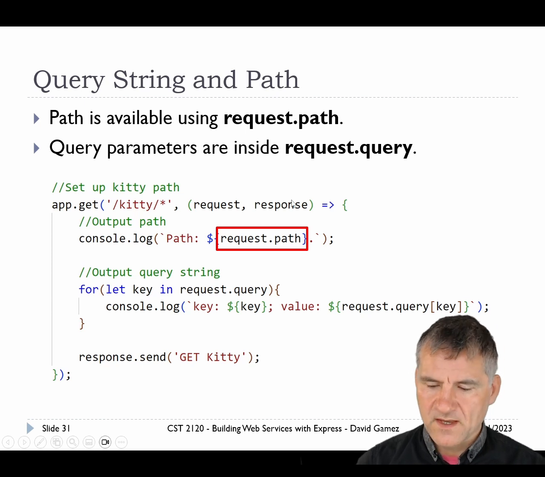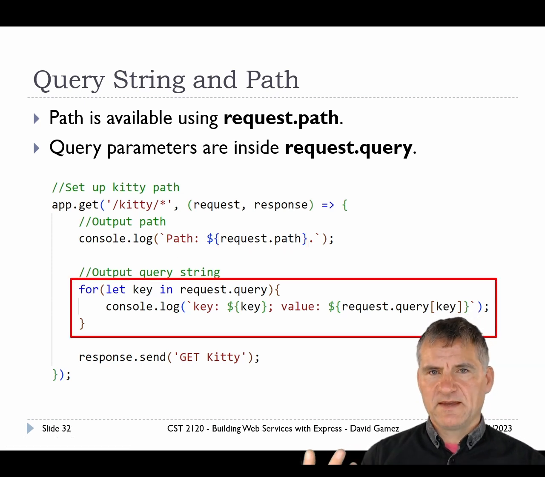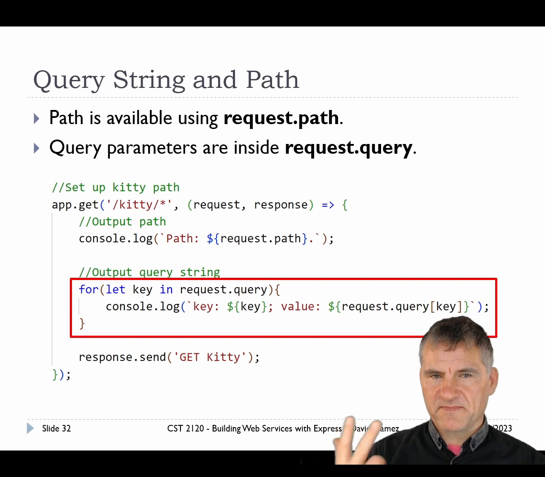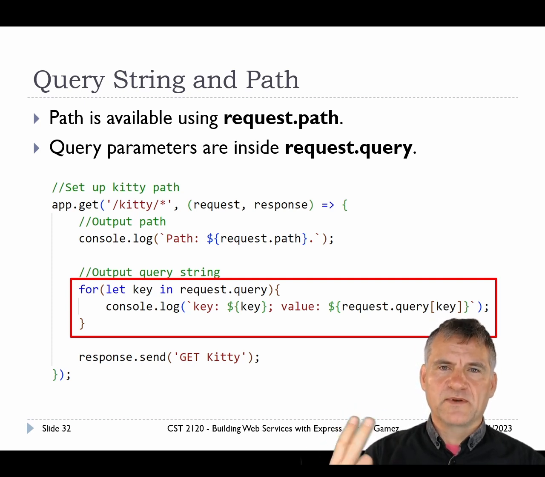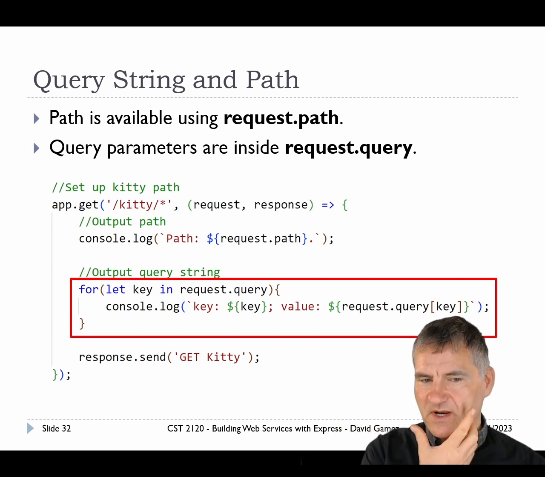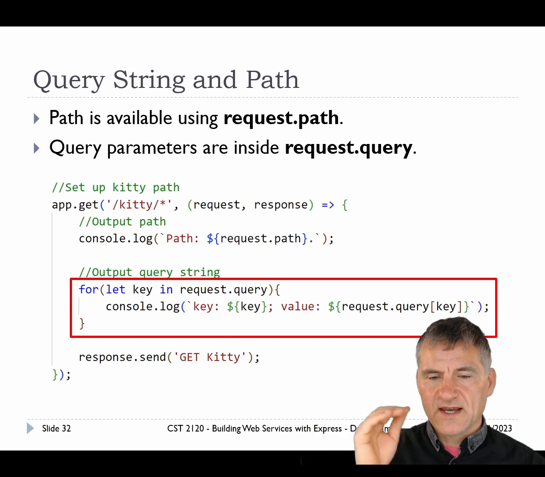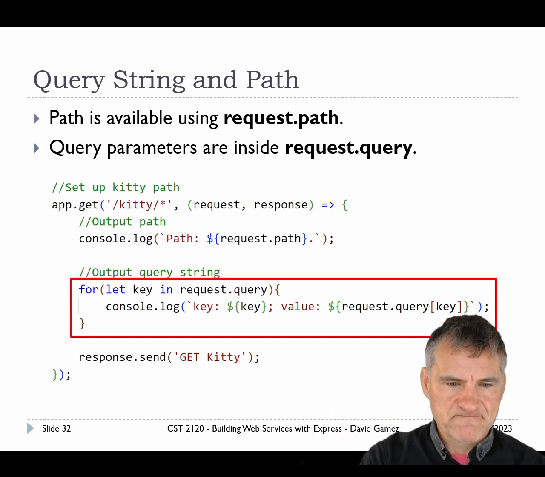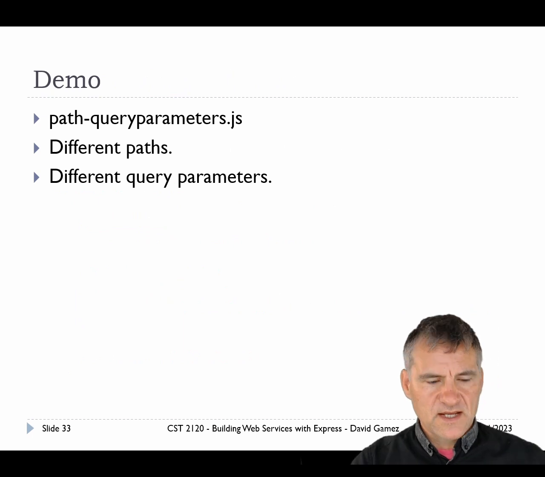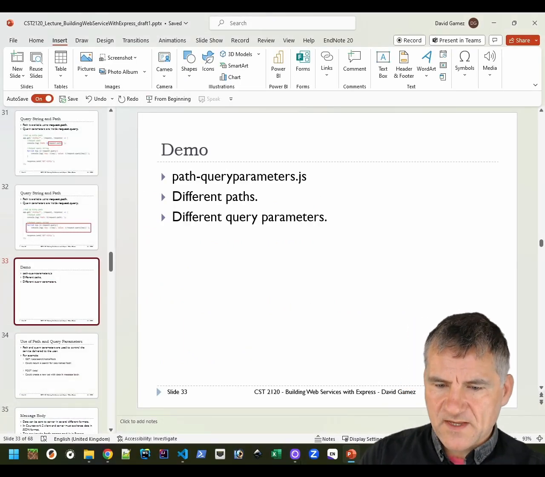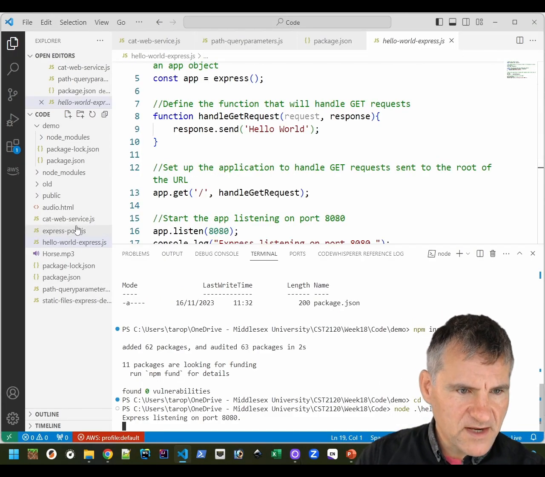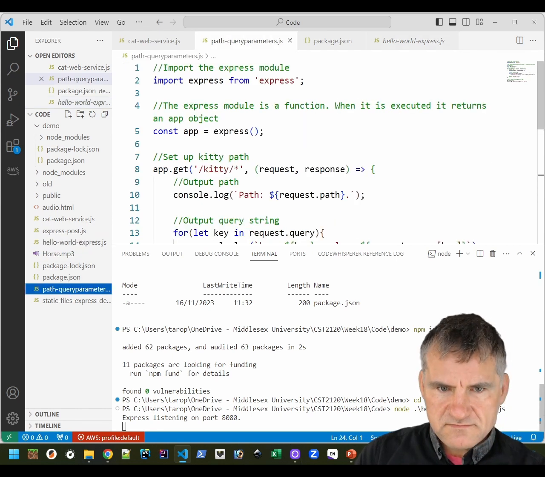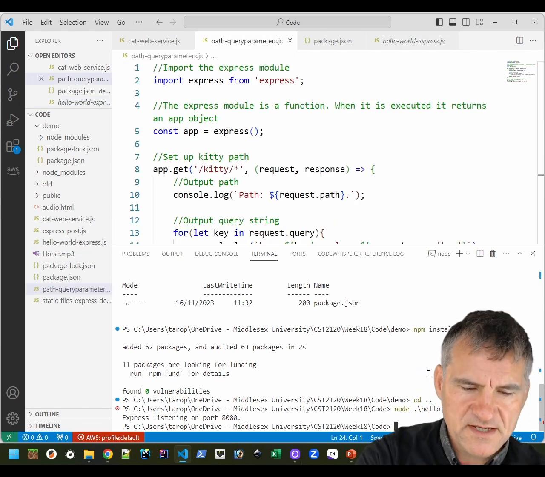And then the query object is a set of keys and values containing all of the query parameters here. So what I'm doing here is working through request.query and outputting all the keys and all the values. So let's have a little demo of that. Okay, so here I've got my path query parameters, so let's stop that.